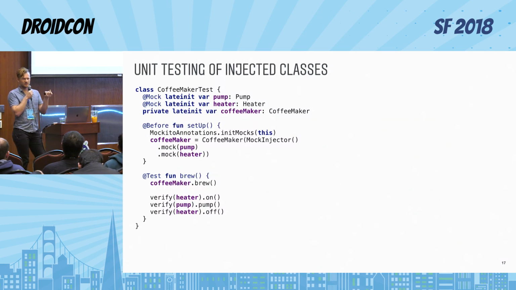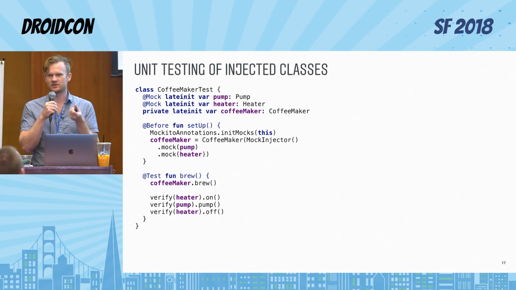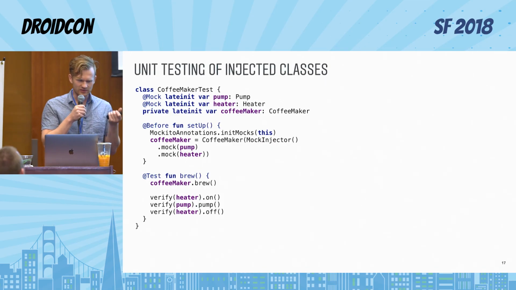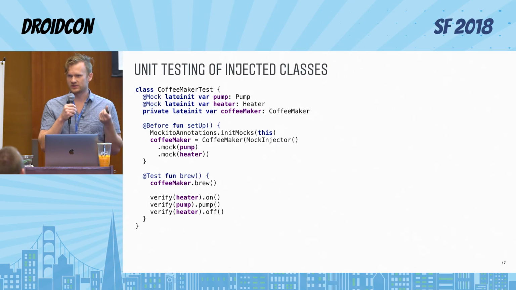And as we talked about very early, the important use case for dependency injection is actually unit testing of your classes. So how do you test an injected class? The preferred method of injection is field injection.